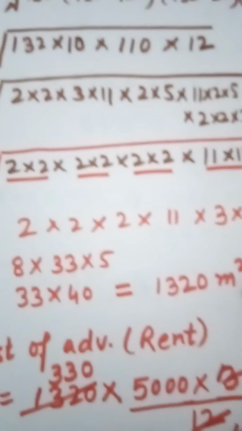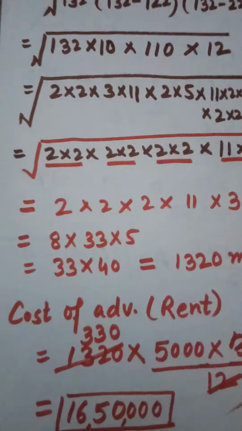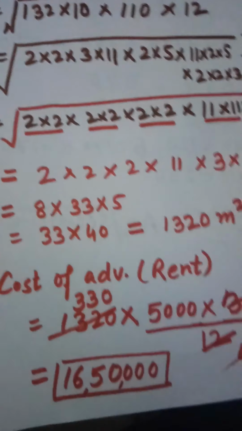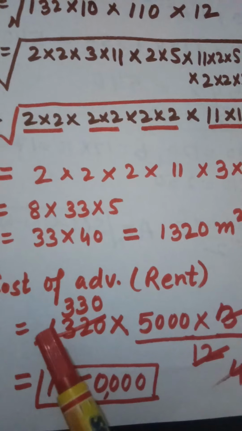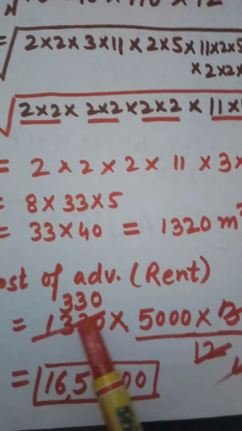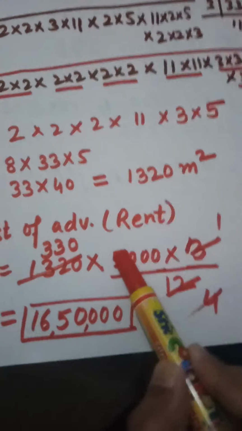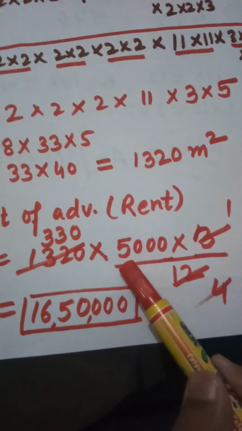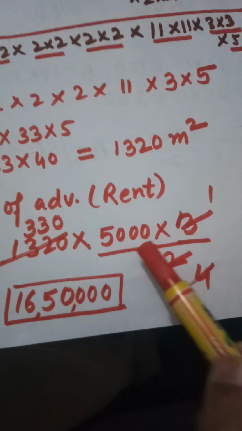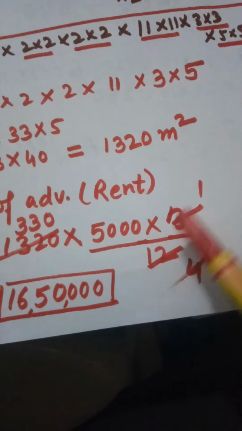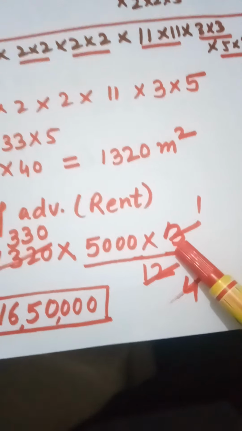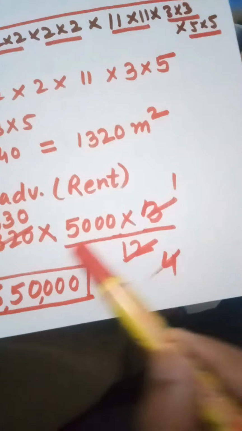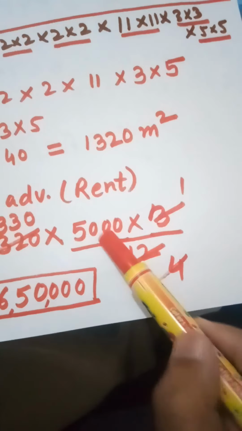Now the cost of the advertisement or cost of the rent we have to find. For that, it is given to us as 1320 into the cost, which was 5000 per meter square per year. We have to find this only for 3 months, so we'll multiply by 3 and divide by 12 because this is given as yearly.